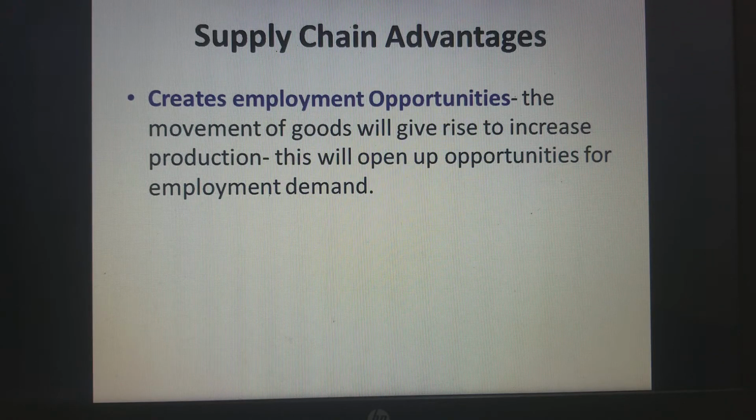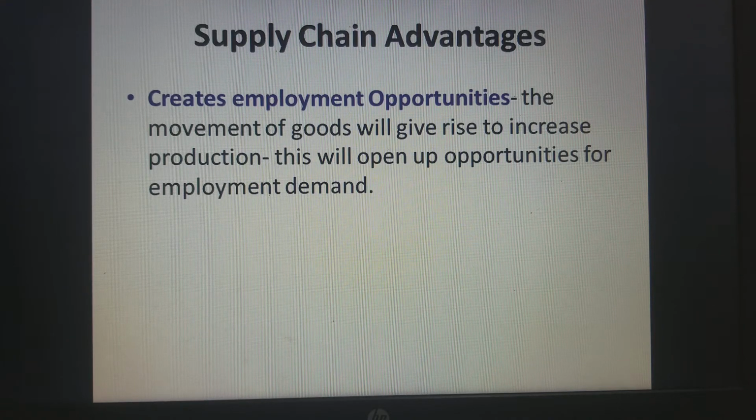Another advantage is that it creates employment. So supply chain creates employment opportunities. How does that happen? Well, the movement of goods will give rise to increased production. The more goods are leaving the production house, the more space there is for production to take place. The more goods are moving out of the warehouse, the more space there is to be filled with production.